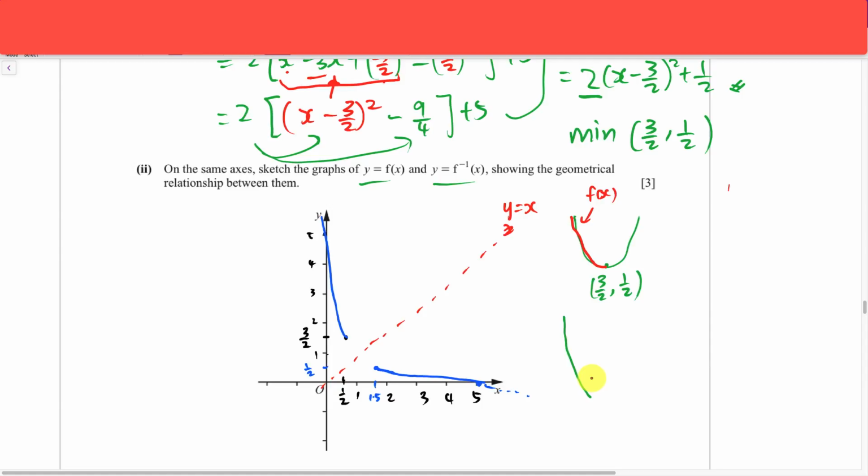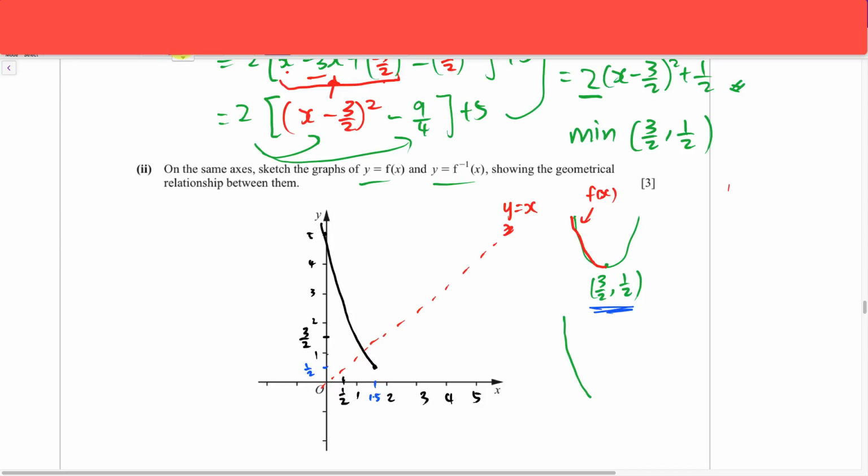Oops, I realized I read the coordinate wrongly. What's wrong with me? I'm so sorry. Because 3 over 2 and a half, that means my x should be here. Okay, this one looks a lot nicer.